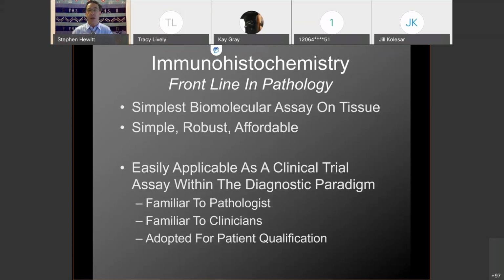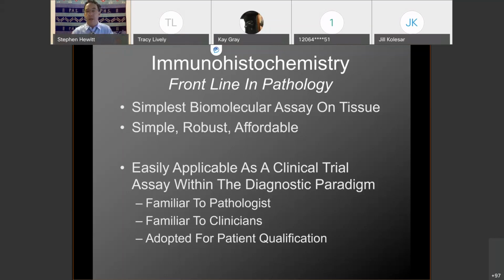In fact, I practice molecular pathology, but the fact is that immunohistochemistry is cheap, it's easy, it's fast. It is available across a broad spectrum of facilities, and as a result is highly desirable for your biomarkers simply from an implementation perspective. And that's one of the major drivers in which it's such a popular biomarker today.